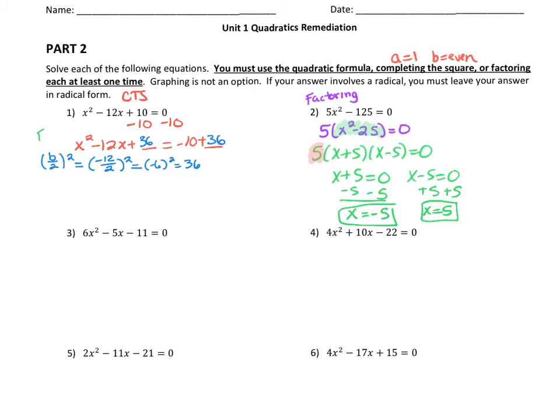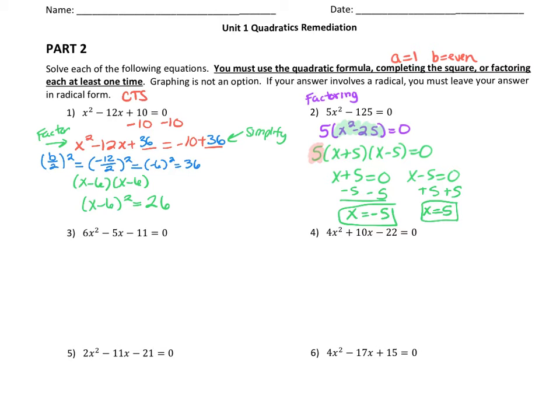Now I'm going to factor this left side. So I need to think about what multiplies to 36 and adds to negative 12, which would be negative 6 and negative 6. But I can write that as x minus 6 squared. And then I'm going to simplify this right side by adding negative 10 plus 36 is 26.